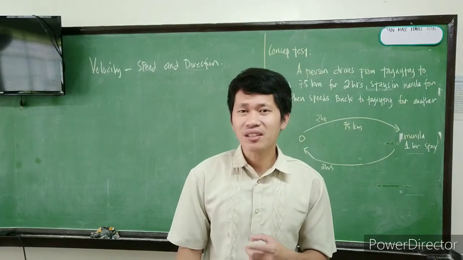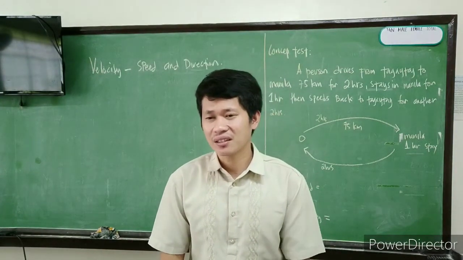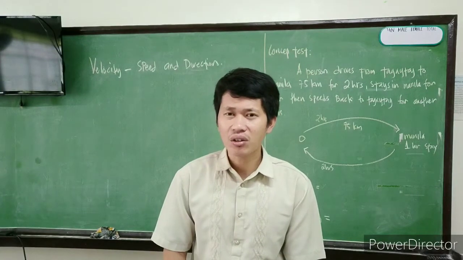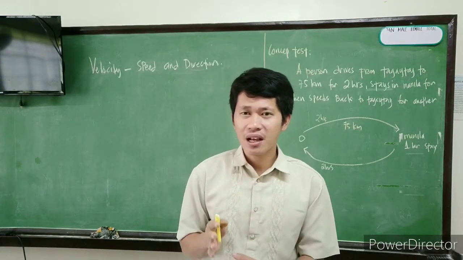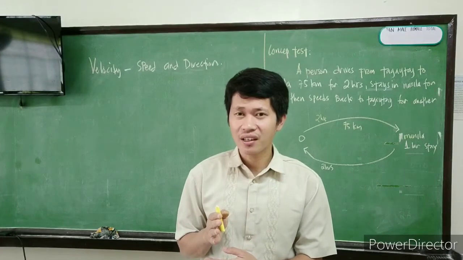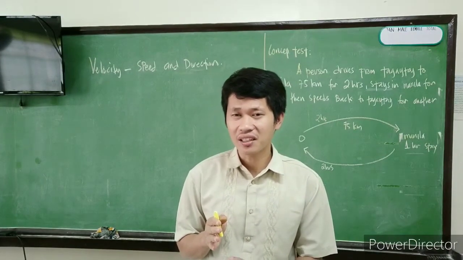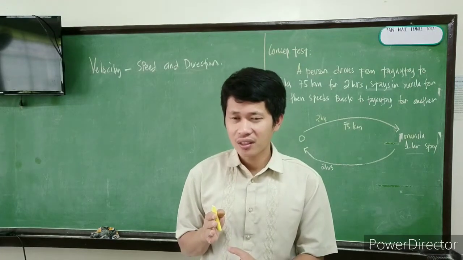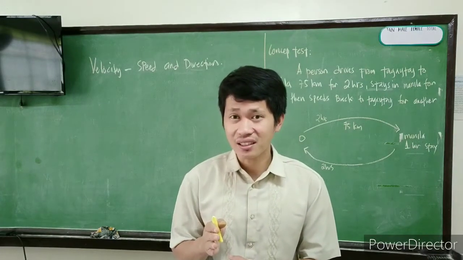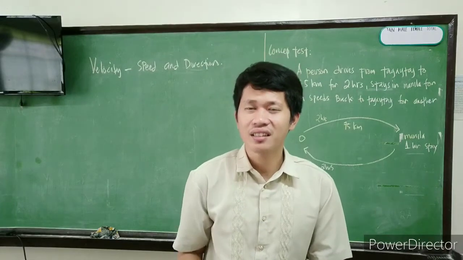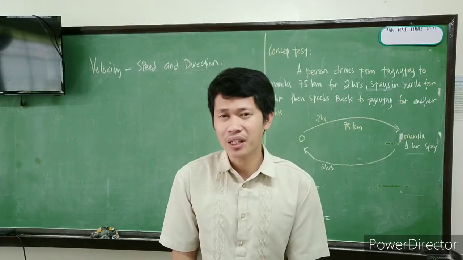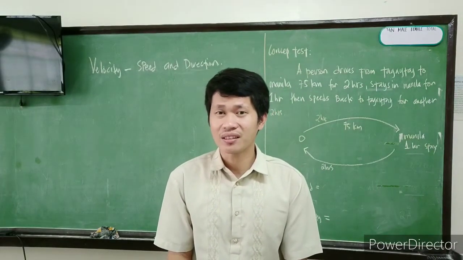Magiging constant lang yung velocity ng isang car kapag yung direction niya at yung speed niya is not changing. Let's say, 10 meter per second towards east. Hindi nagbabago yung direction. Yun, pwede mong sabihin na constant yung velocity.